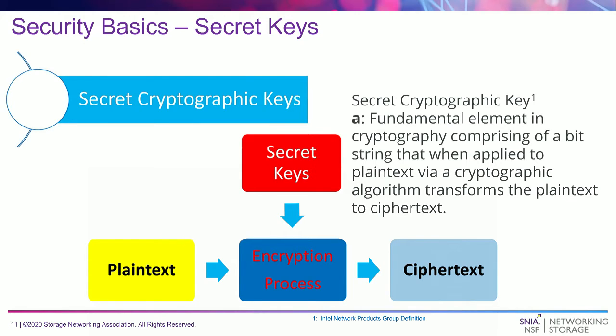So the fundamental element here is this thing called a key that becomes a part of the transformation algorithm. You'll see that key can take various forms as we go through different aspects of what could be called keys.